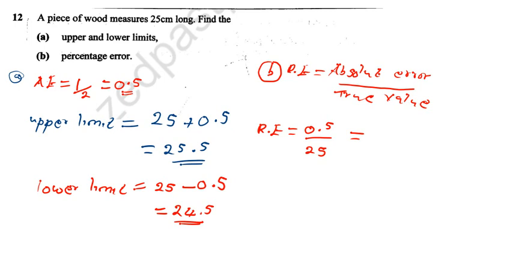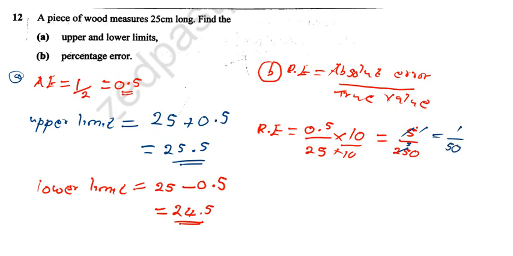Multiplying by 10 on both sides, 0.5 times 10 gives 5, over 25 times 10, which gives 250. Now we can divide 5 into 5, it is a 1, and 5 into 250, we get 50. So our relative error is equal to 1 over 50.